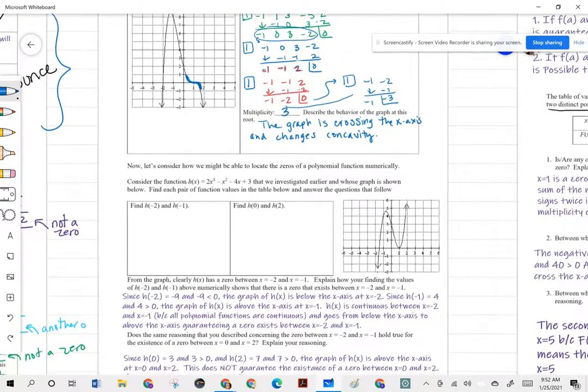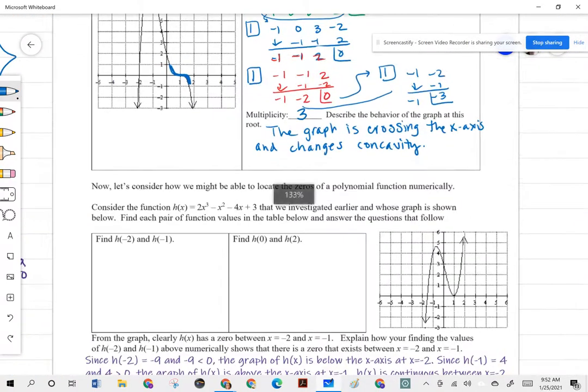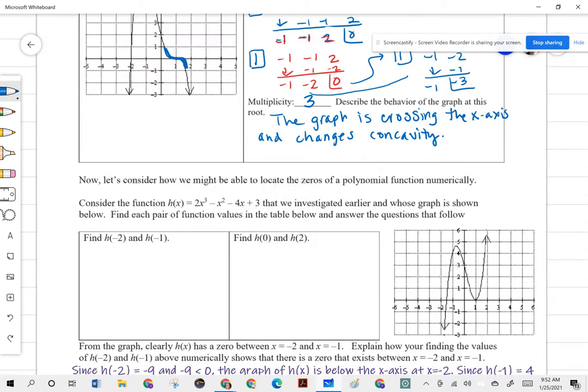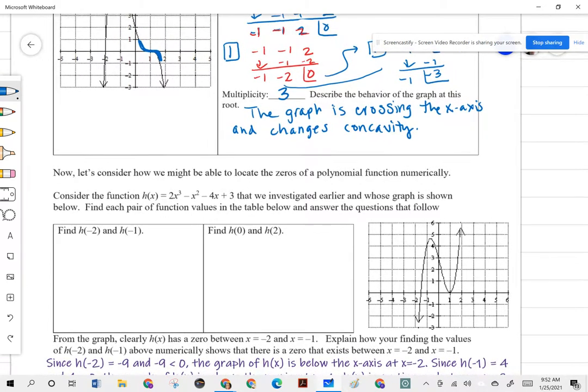All right, so now let's consider how we might be able to locate the zeros of a polynomial function numerically. All right, so we have our function h of x, and here's the graph, right? Find each pair of function values in the table below and answer the questions that follow.